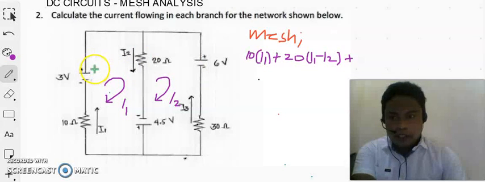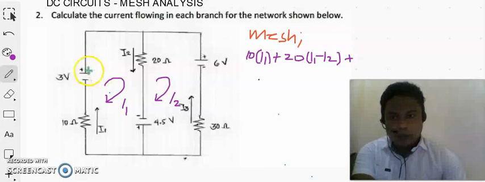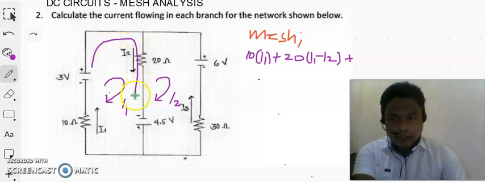for the supply, you need to have a reference loop. If you start on this positive terminal, the loop passes through the negative of 4.5 volts, and then ends with the negative of 3 volts.